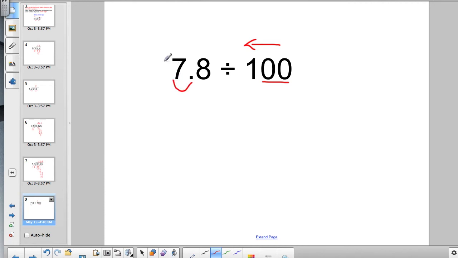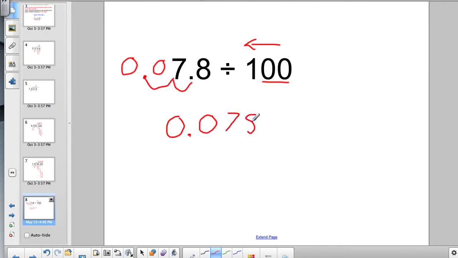Uh-oh, I don't have another number, right? So I draw in a 0 because nothing is the same as 0. I can park my decimal point right in front there. Let's put in a 0 in the 1 spot because that's how you write decimal numbers. And I end up with 0.078, otherwise known as 78 thousandths.